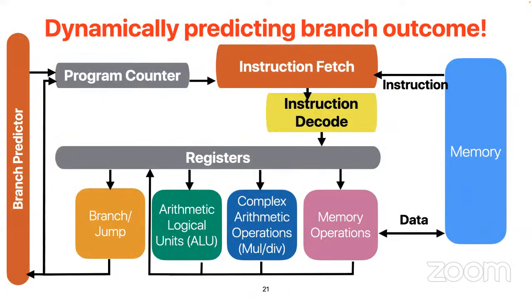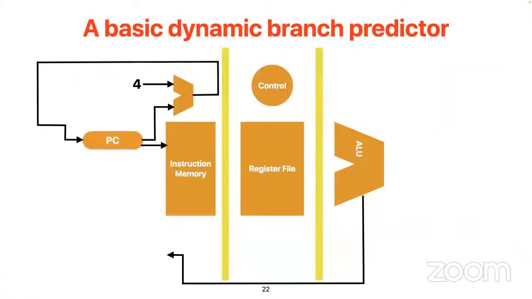So a solution that we introduced in the class is called dynamic branch prediction. The idea is, in addition to the original processor, we add this thing called a dynamic branch predictor, which helps us predict the outcome of the branch, and then provides another program counter for the instruction fetch unit to use.